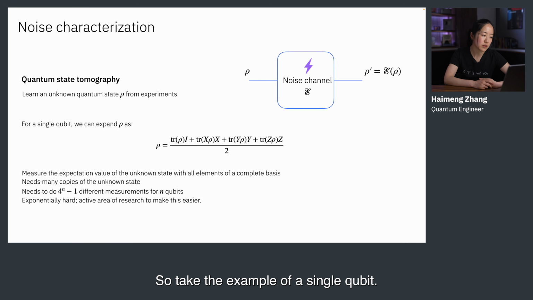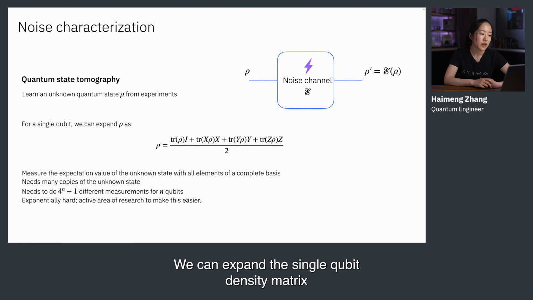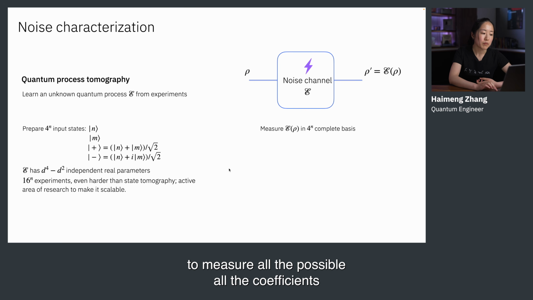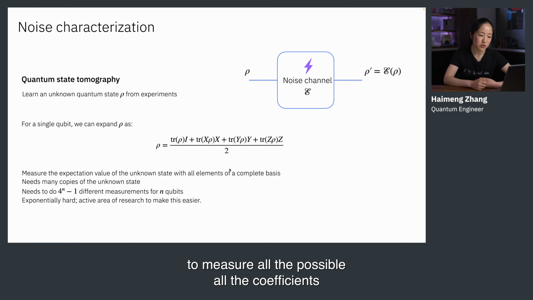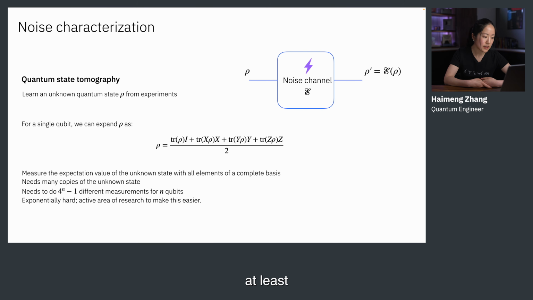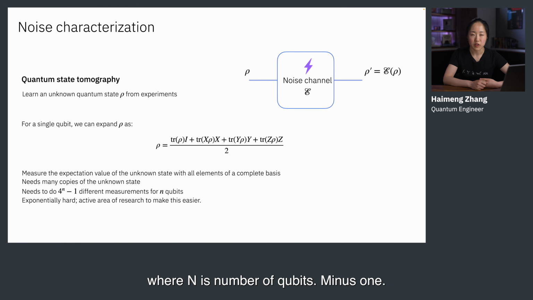Take the example of a single qubit. We can expand the single qubit density matrix in the Pauli basis as the following. By a simple counting argument, we can see that in order to measure all the coefficients corresponding to those Paulis, we need to perform at least 4^n minus 1 measurements, where n is the number of qubits.